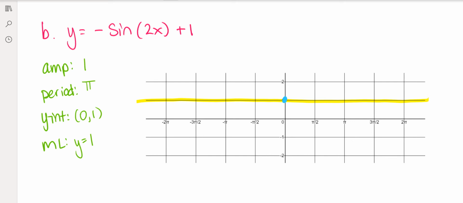Tell me when to stop. Okay, you see my cursor? Tell me when to stop. Okay. Period's at pi. That's where it ends. That means this sine graph is going to be more condensed. We're going to have more cycles that we're going to have to draw.